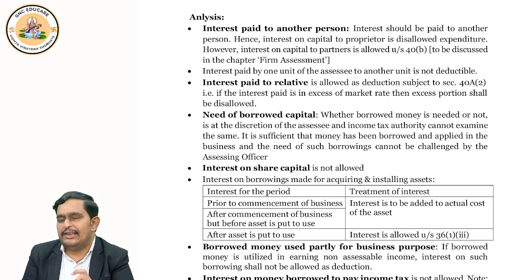Then only the interest element actually comes into the picture. If it is a single entity, then there is no such concept of deduction of interest. Like a sole proprietor giving a loan to his business and then charging interest, then the business wants to claim the deduction of interest, not allowed. Because there is no other person here.